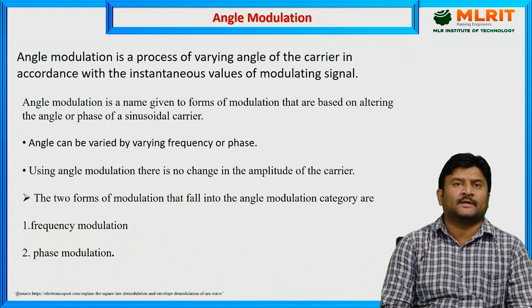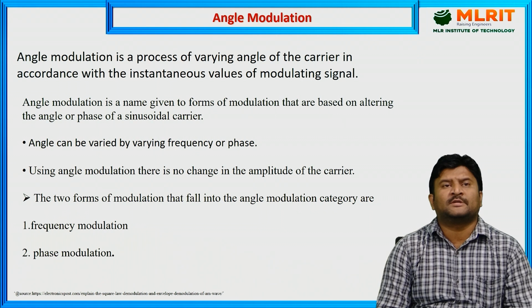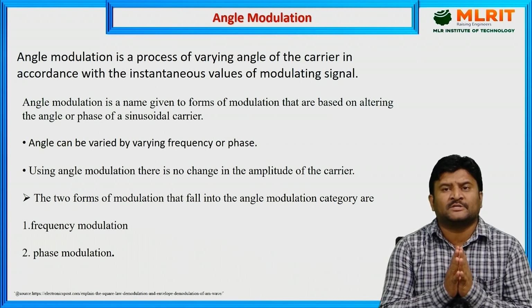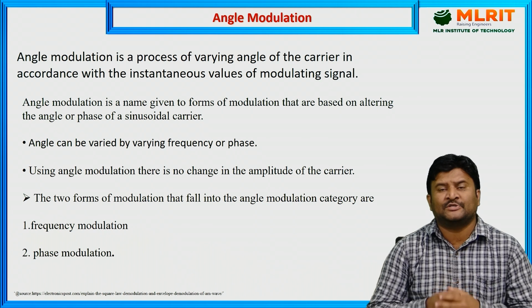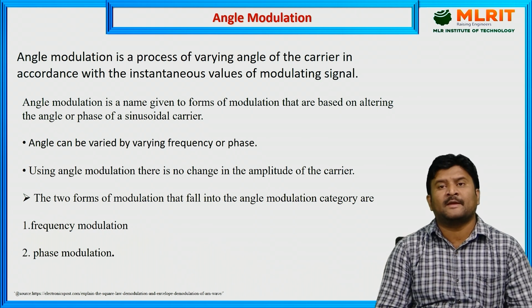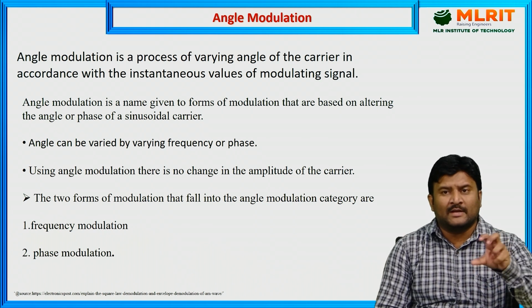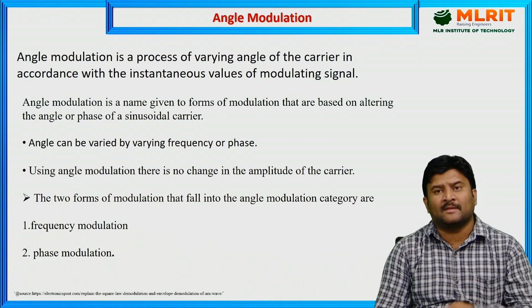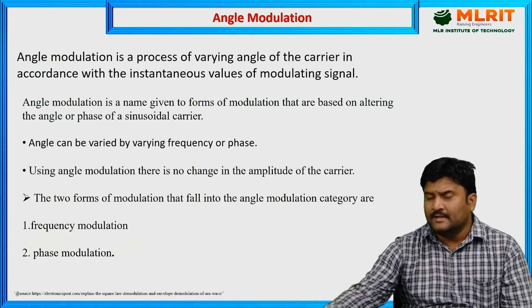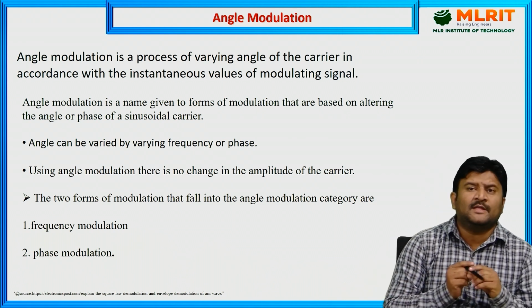Observe here, angle modulation. Before discussing angle modulation, first once again I am referring to the definition of modulation and AM modulation. After that we are discussing the difference with angle modulation.